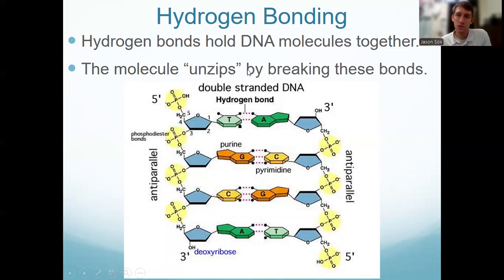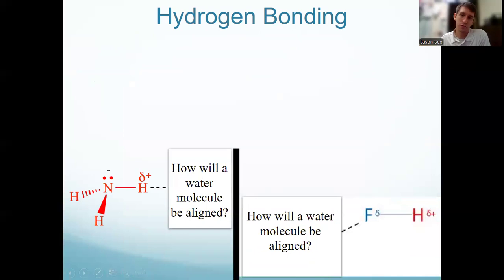So the DNA helicase comes right down the middle and breaks these hydrogen bonds during the replication cycle. But when we go back to forming the double helix structure after we finish copying the code, these hydrogen bonds are almost like magnets. They get close enough together and they snap back into place because of the difference in electronegativities between these different molecules. So again, hydrogen bonding plays a big role in a lot of biological functions.